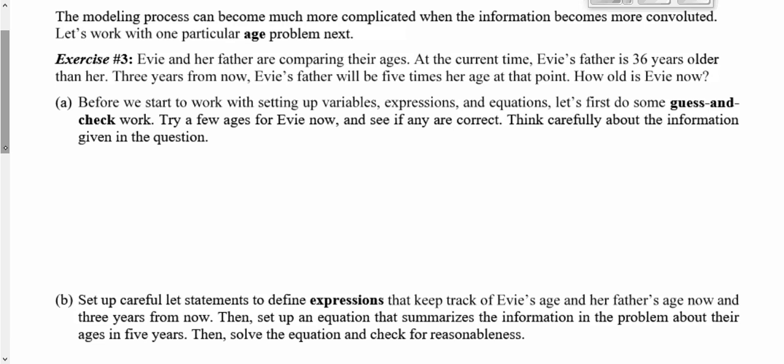At the current time, so right now, what does it say about Evie's father's age? Okay, then, yes. So last period, everyone was trying to tell me, because you guys don't like to read carefully, their father's 36 years old. It's like you saw words that made sense initially to you, and you stopped right there reading.